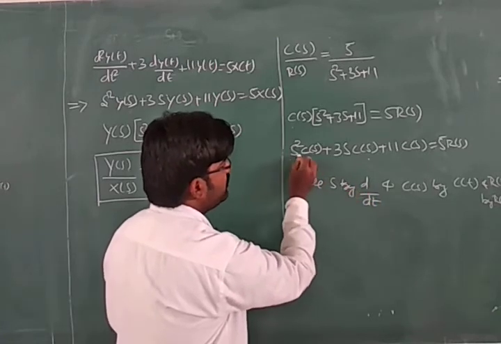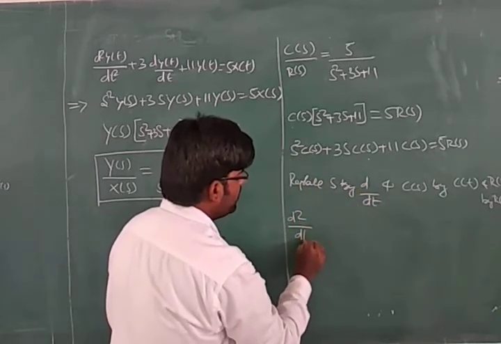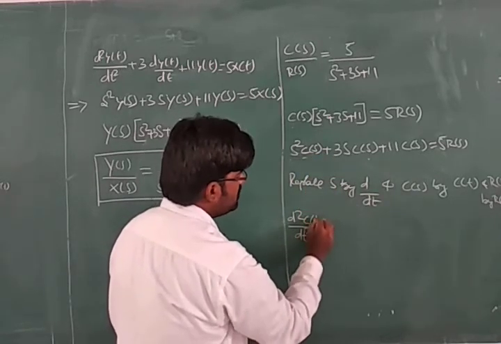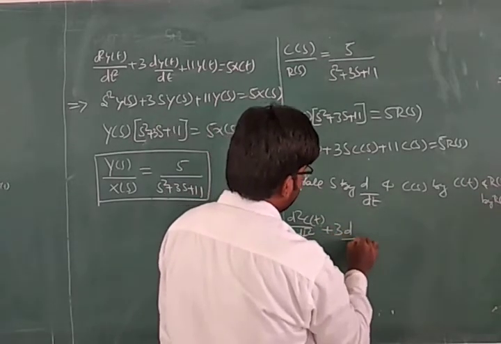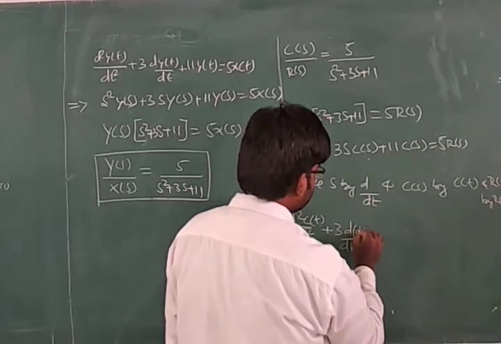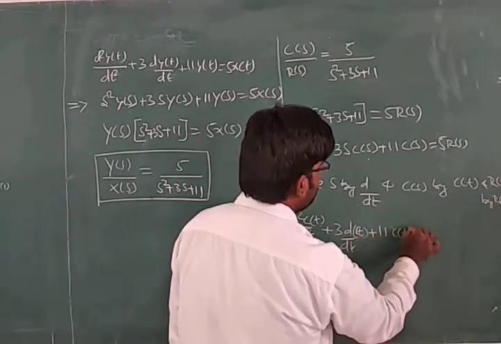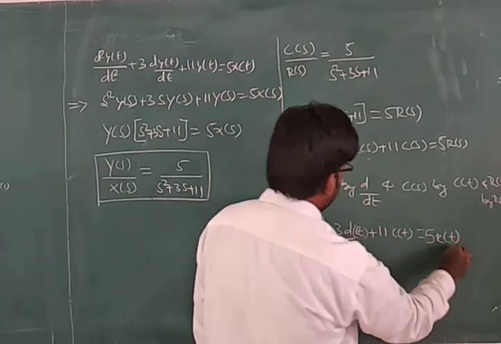In place of s, d by dt; s square is there. So d square by dt square of C of t plus 3 into d by dt of C of t plus 11 into C of t is equal to 5 into R of t.